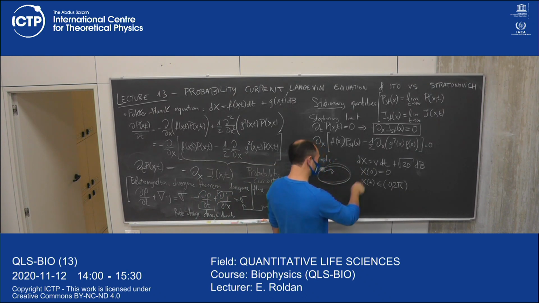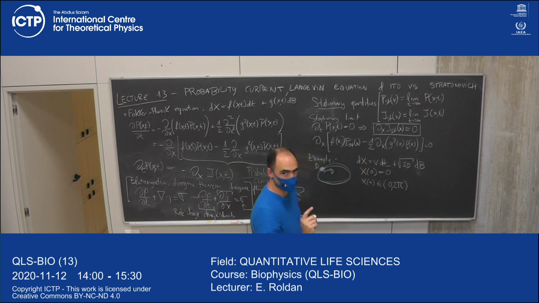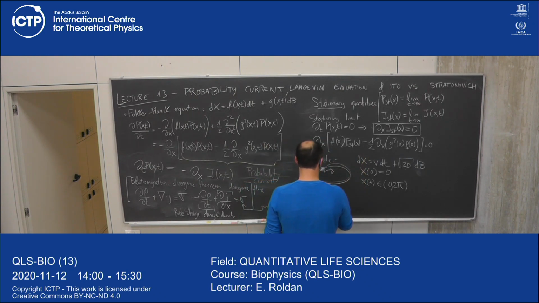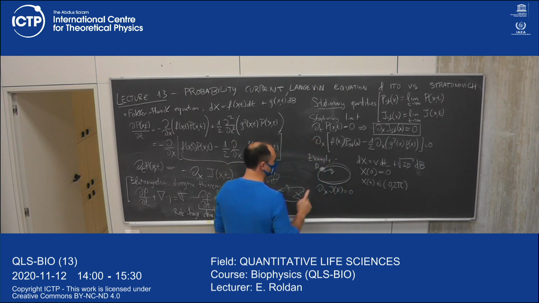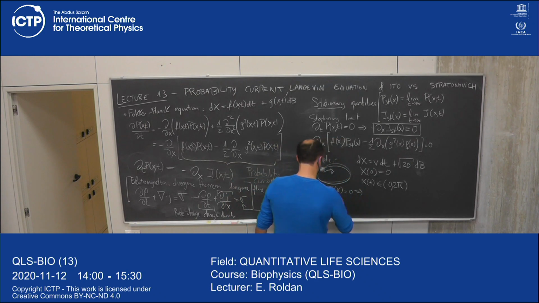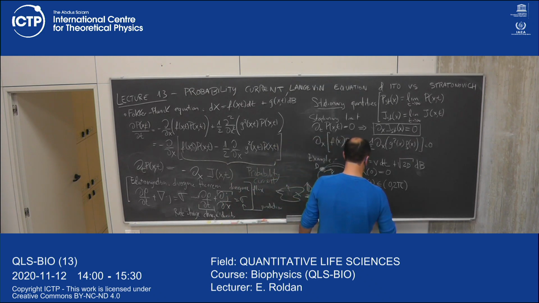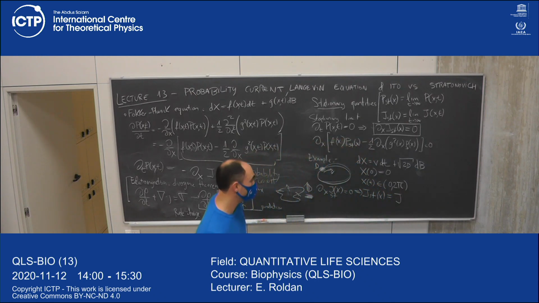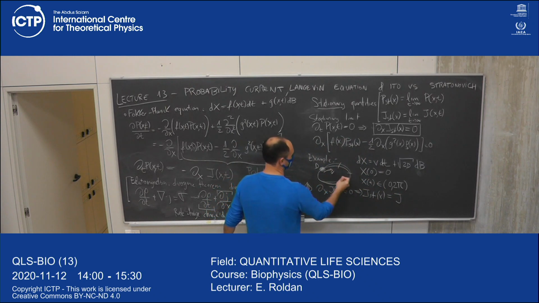In the stationary limit, we are in 1D, in a closed environment. We have partial x of J equal to 0. So, be careful, this is in 1D. It means that the stationary current is constant, J. So it's independent of x. Wherever we look, there will be the same current.